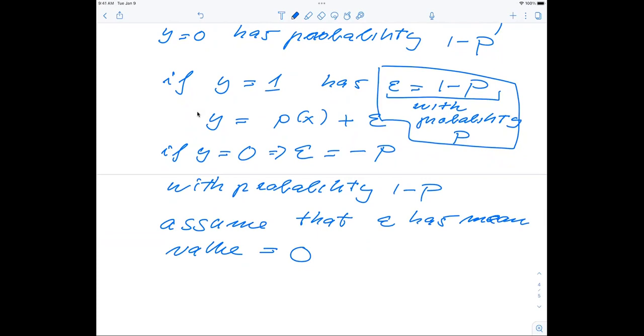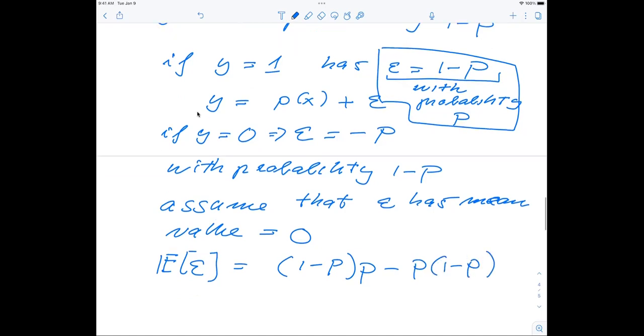So when we set it up now, the mean value of epsilon would be, when I'm now putting up the probabilities, epsilon for the one case is 1 minus P, which is what I had up here, and it has a probability equal to P. So this is P, and then 1 minus P here.